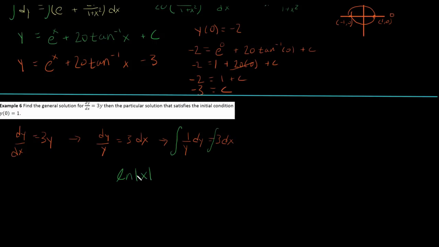We use absolute value because we can't plug in negatives, and we haven't specified any restrictions on what we can plug in for y. So we have to use absolute value. This is equal to 3x plus c.